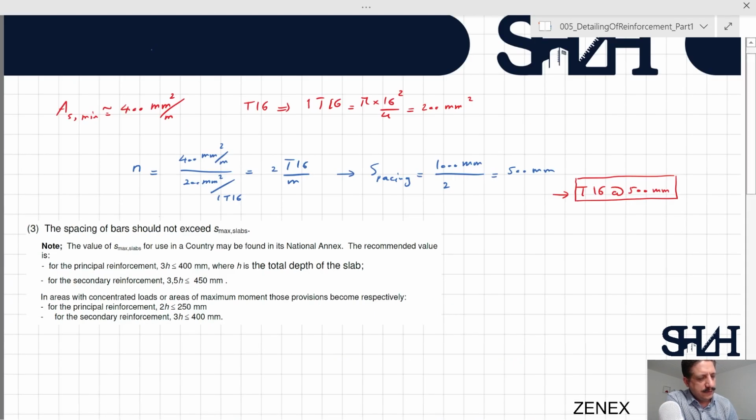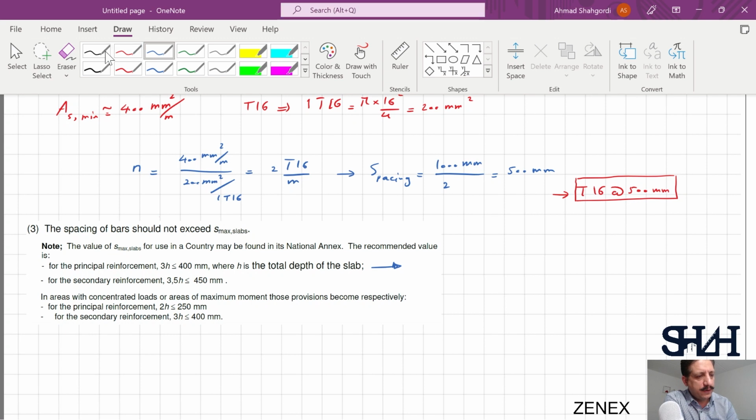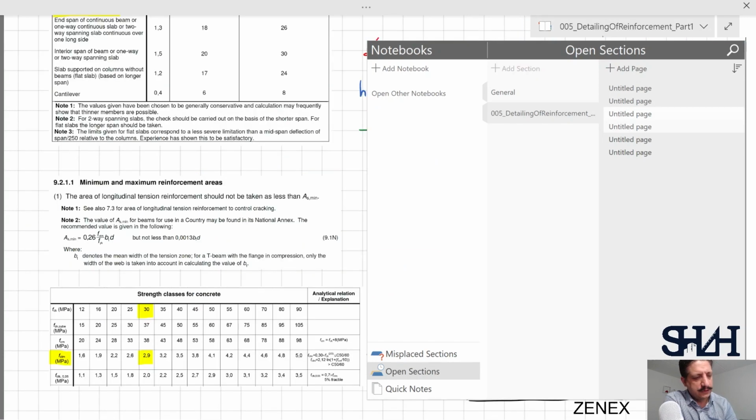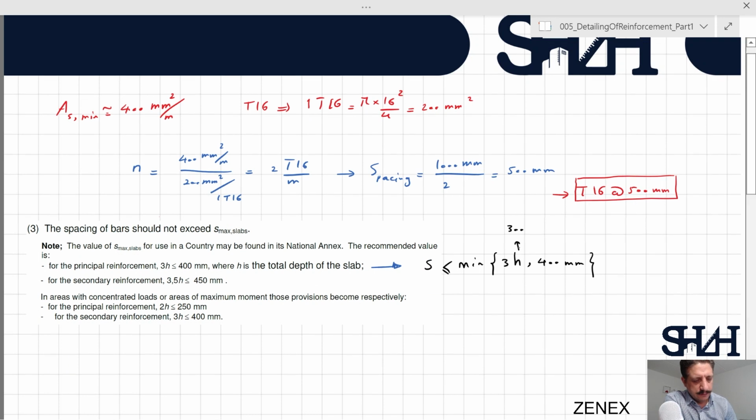Here the spacing for the primary reinforcement needs to be less than the minimum value of 3 times H and 400 millimeter. H in this case, we considered to be 300 millimeter as a result. So it should be less than 400 millimeter. We can see that 500 is not, and it should be less than 400 millimeter.